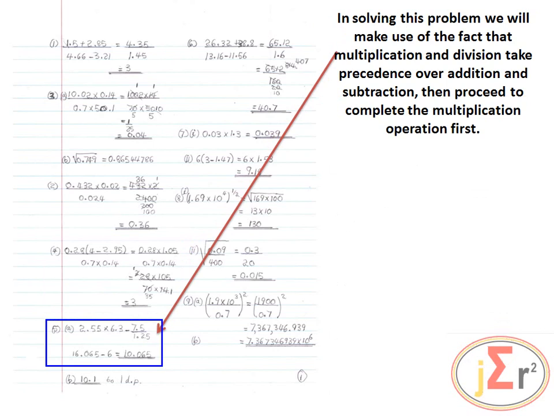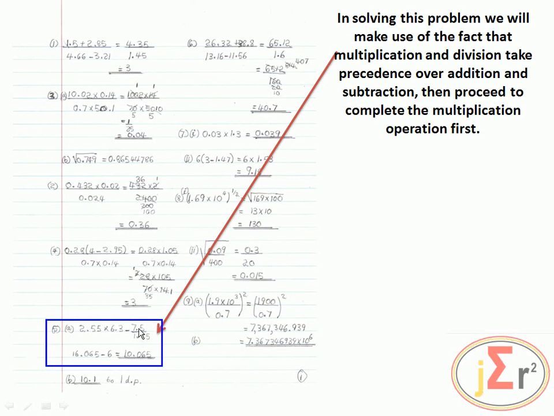In solving this problem, we will make use of the fact that multiplication and division take precedence over addition and subtraction. Then proceed to complete the multiplication operation first. So here we have 2.55 multiplied by 6.3, and we are subtracting 7.5 over 1.25.